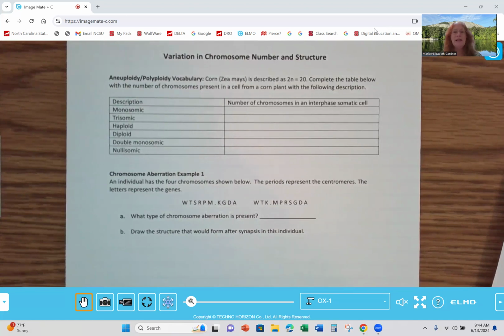We also look at different numbers of sets of chromosomes. And we don't see this in live people. We do see this in spontaneously miscarried fetuses, where we have extra copies of entire sets of chromosomes, like 3 of every chromosome would be triploid, 4 of every chromosome tetraploid, and so forth. We do see this quite often in plants.